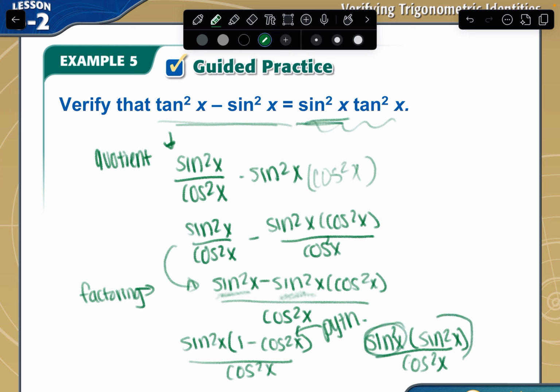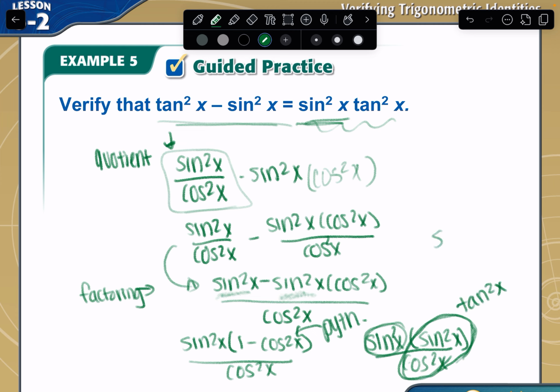And then to end up with a tangent. If you look at your quotient identities, and we actually used this one up here, tangent is equal to sine over cosine. So instead of combining my sine squared times my sine squared, I'm going to leave them separate. So this part I can change to a tangent squared x.